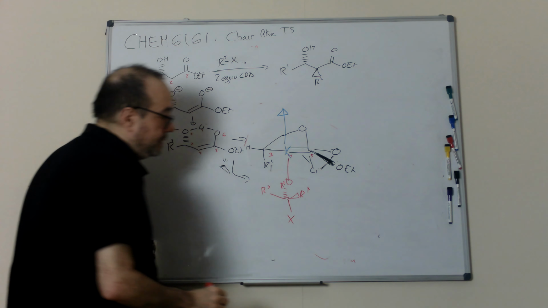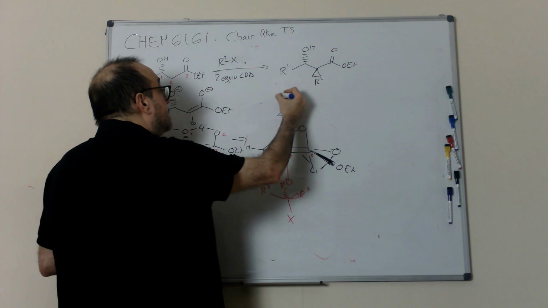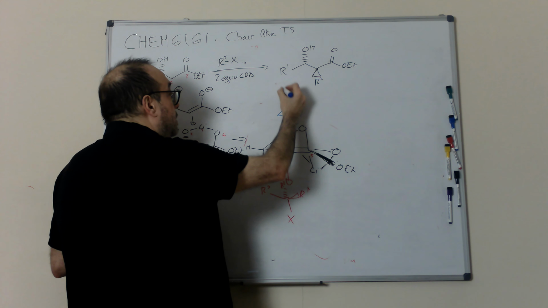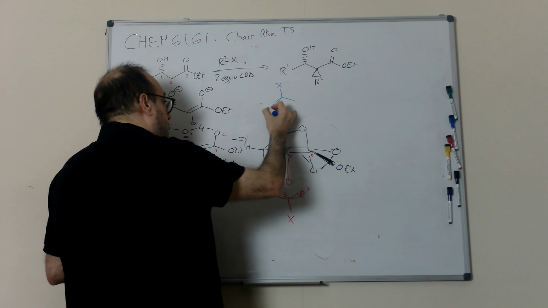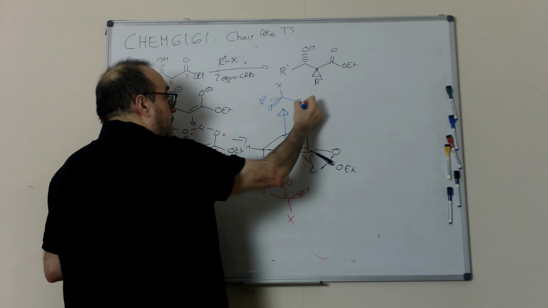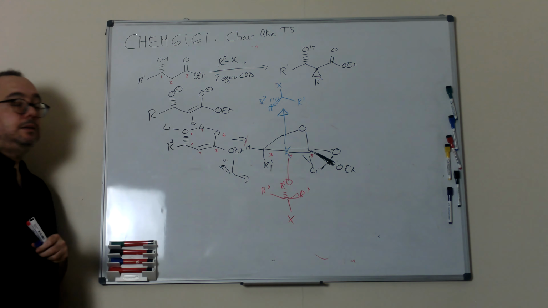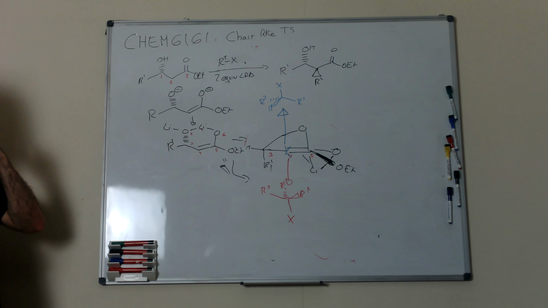And up will be the same, because the SN2 is always an attack from behind, with inversion of configuration.